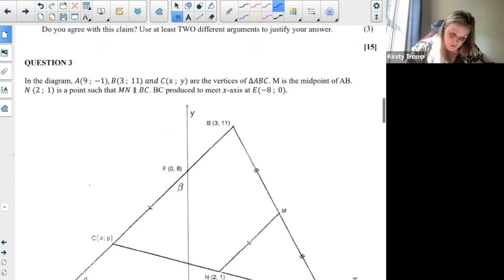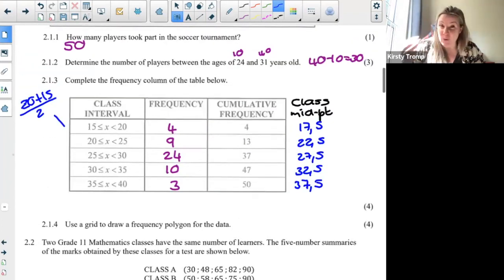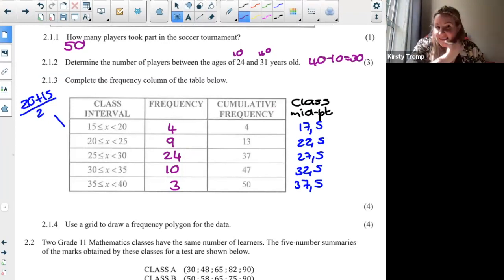To plot those points, we need to have an X and a Y coordinate. Along my X axis was age of soccer players. Along my Y axis was frequency.